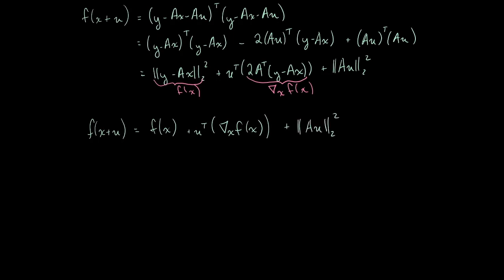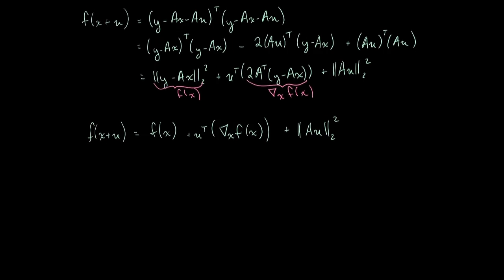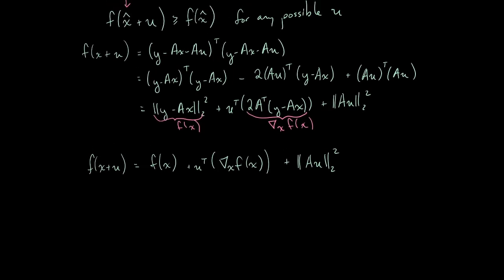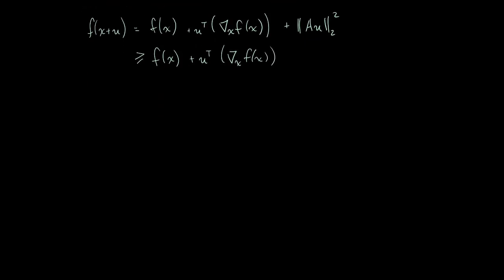But since we're only interested in getting this inequality, all we have to do is observe that the norm of Au is always greater than or equal to 0. So this gives us an inequality that looks like this. And at this point, to establish the result we wanted, namely that the gradient of f evaluated at x being equal to 0 implies that we have a minimum, we realize that we have exactly what we want.